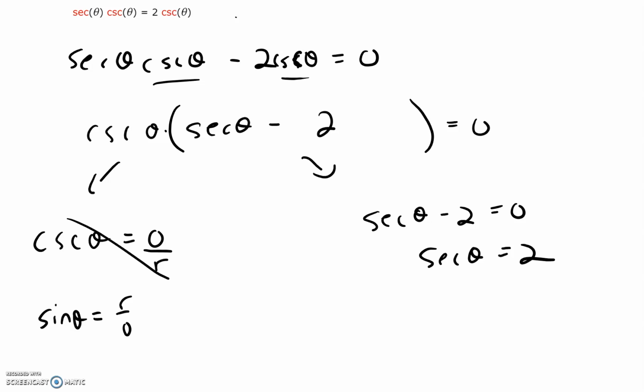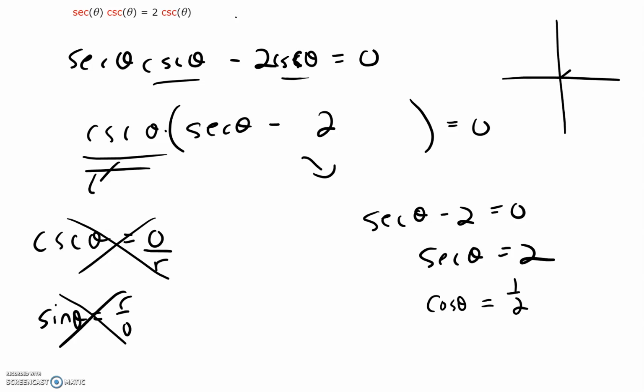In other words, that equation yields no solutions. Okay, so we don't have any answers from that one. So we don't have to worry about that guy. But this one should give us a couple of answers. The reciprocal of the secant function is the cosine function. So I reciprocate the 2, and now I have to figure out where the cosine of theta is 1/2.